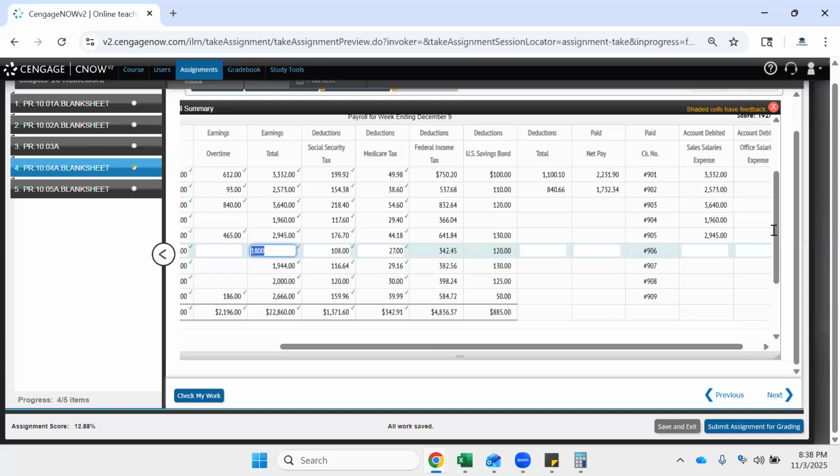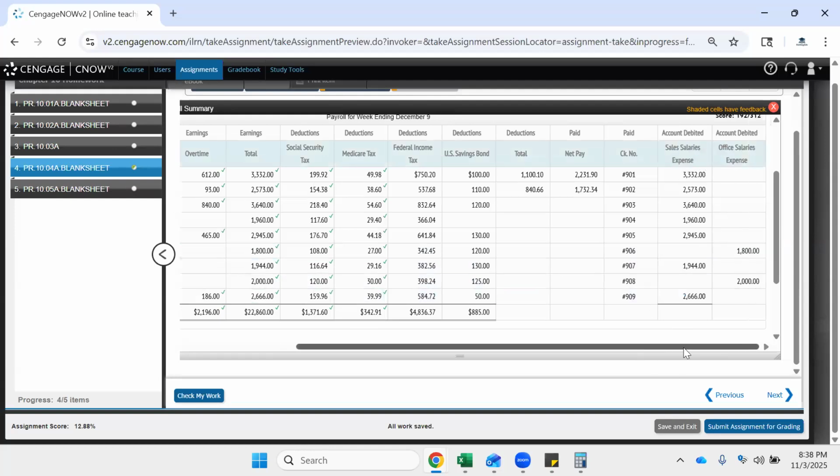Remember, the office salaries are the salaried employees, and they do call them out by name. And that's what's going to go into sales salaries expense compared to office salaries expense. So hold on a moment while I cut out the entering of all the calculations here.